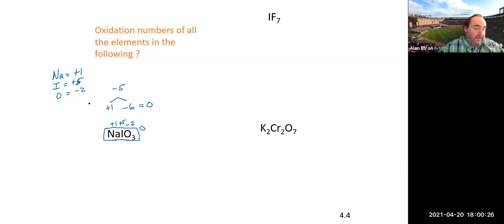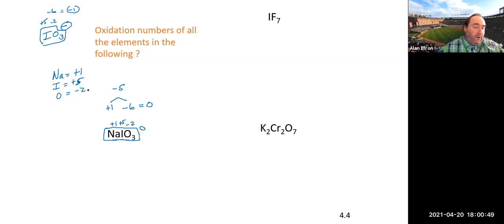And that's why something like IO3 minus has a -1 charge, because the oxygen is -2 and there's 3 of them, which gives you -6. The iodine here is +5. +5 and -6 equals -1, which is the charge on that polyatomic ion.